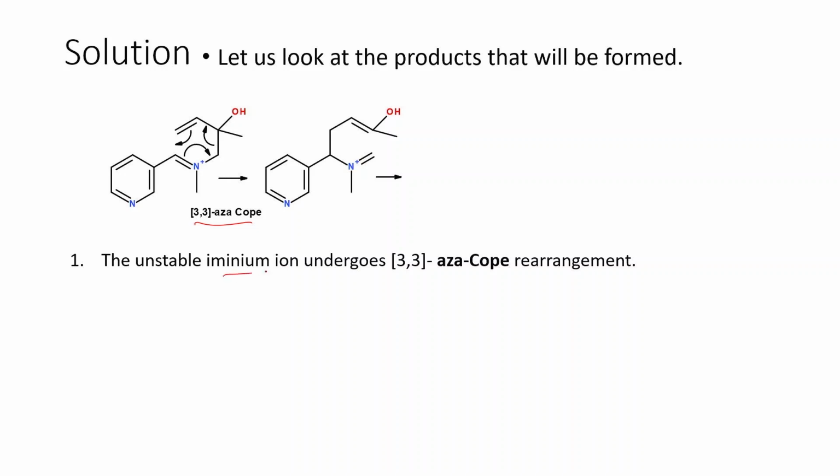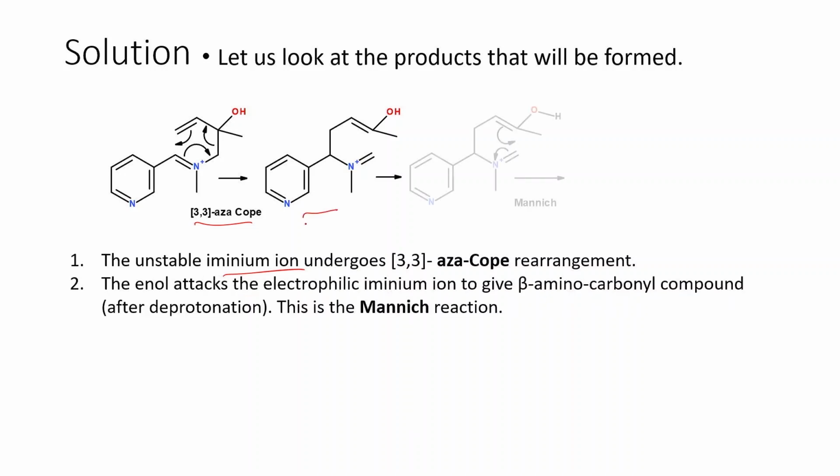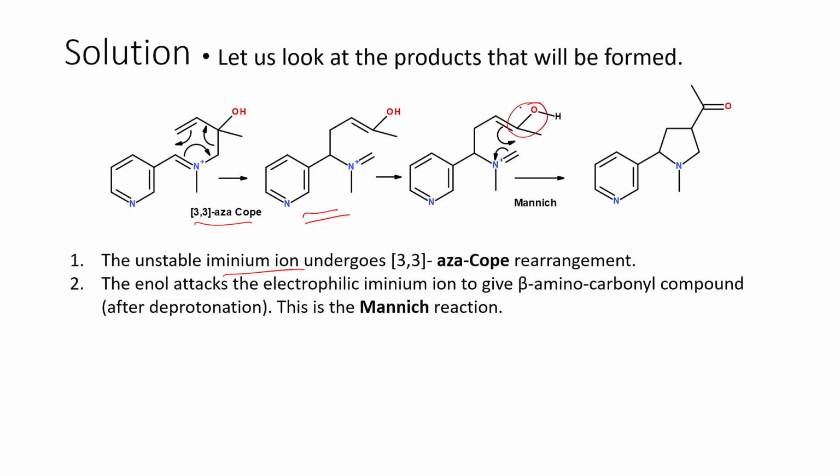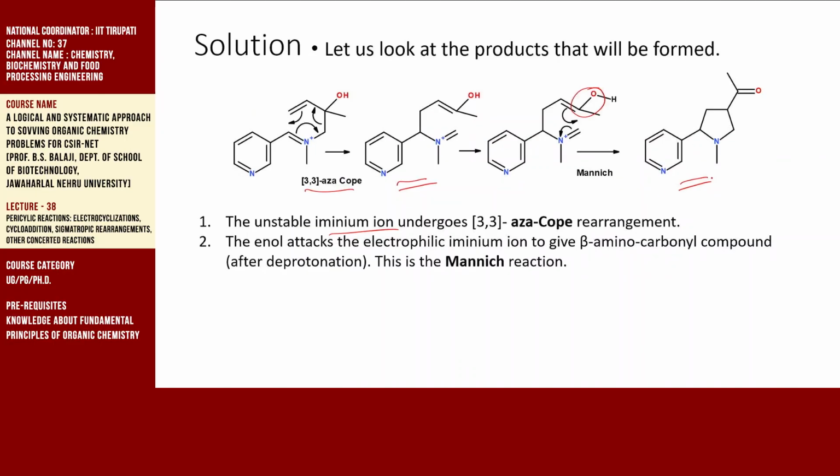So this iminium ion undergoes the 3,3 aza-Cope rearrangement that leads to the intermediate as shown here, and this one can now readily undergo the Mannich reaction because we have an enolic unit present here, and this enolic unit can undergo the Mannich reaction, and we end up with the final product, the carbonyl compound as shown here.